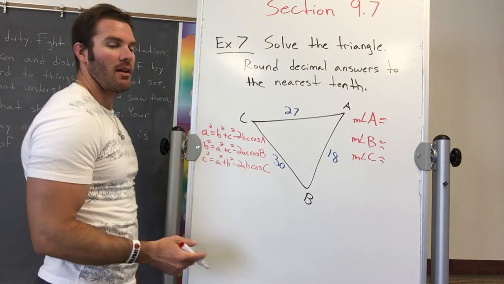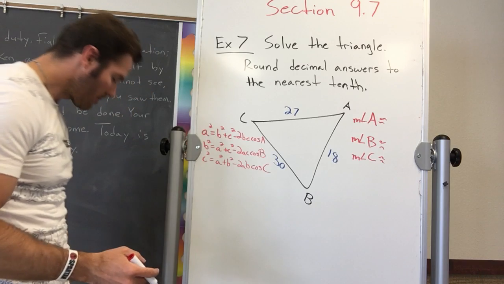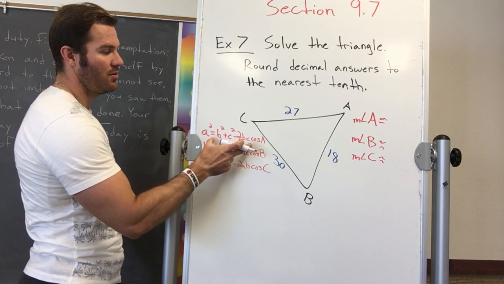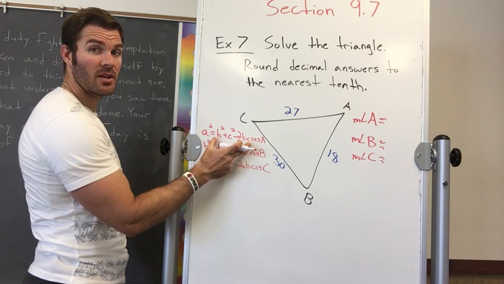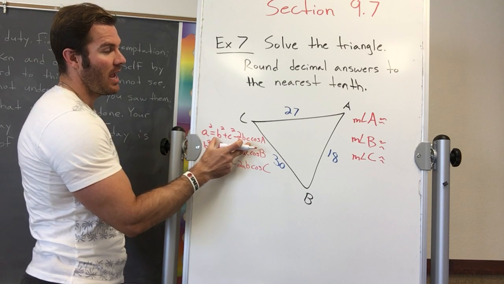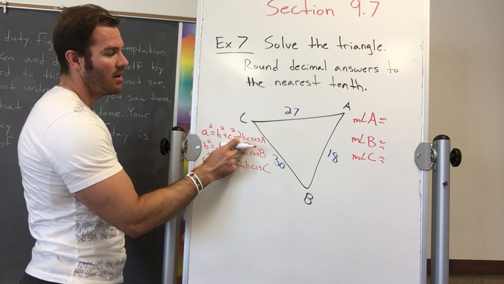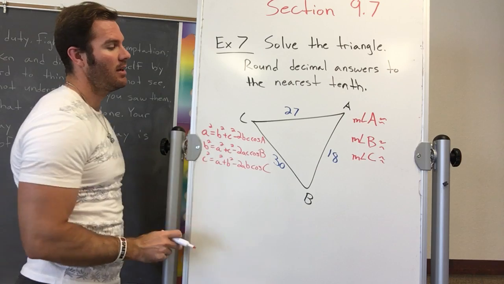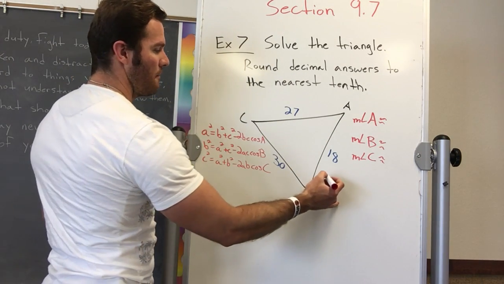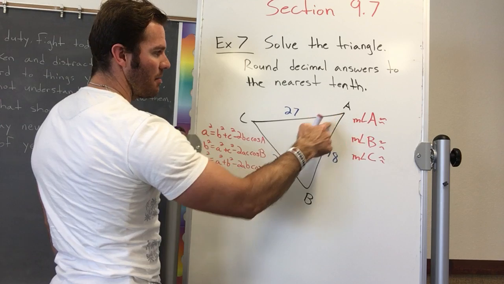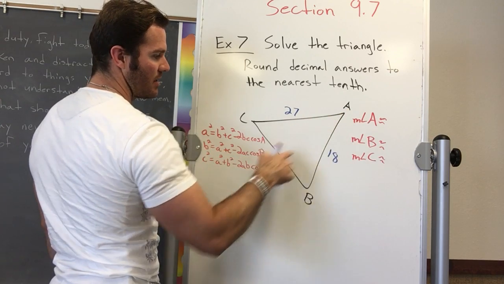Let's go for trying to find A, and we're going to use this part of the law of cosines because we have little a, b, and c. We just don't have capital A, so that's going to look like this. Little a is opposite of angle A, so it's going to be 30.